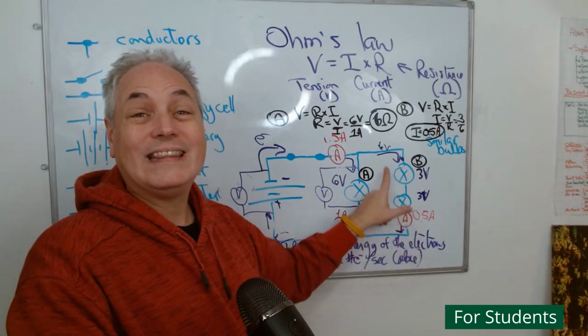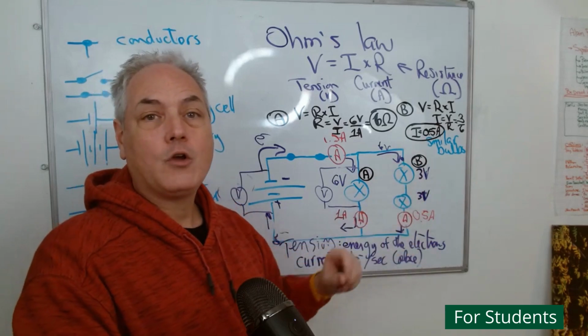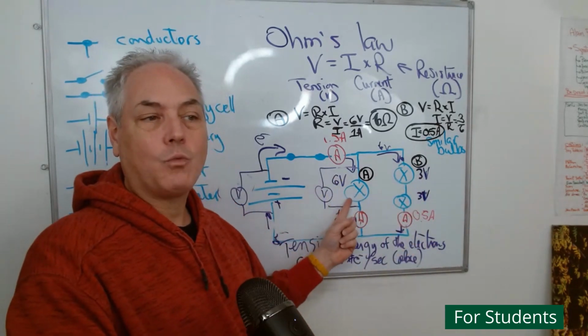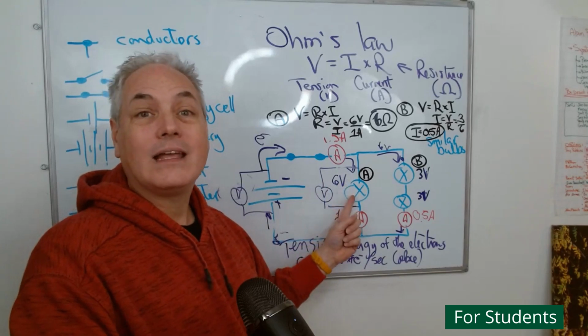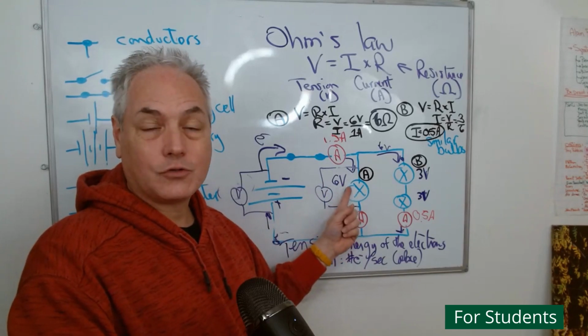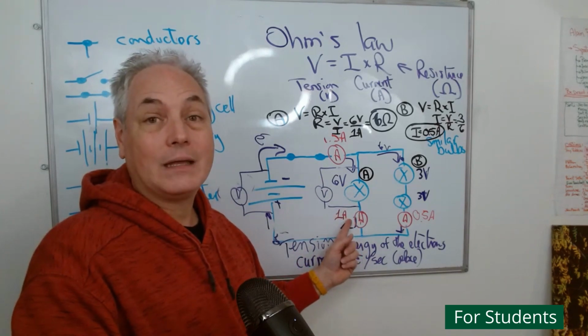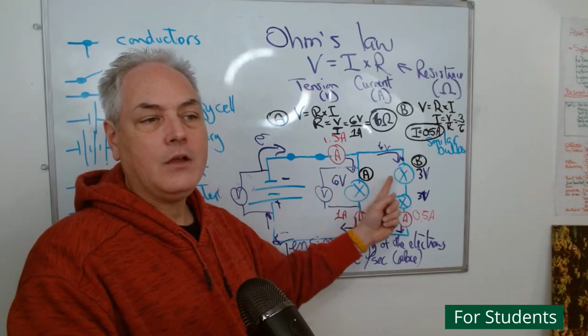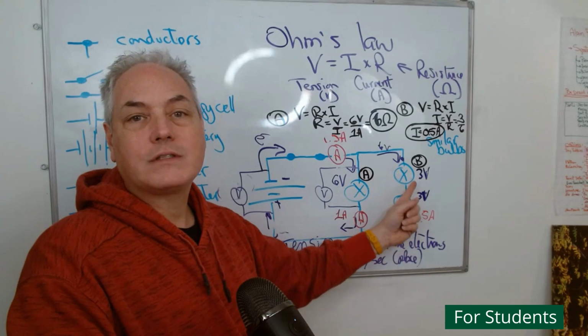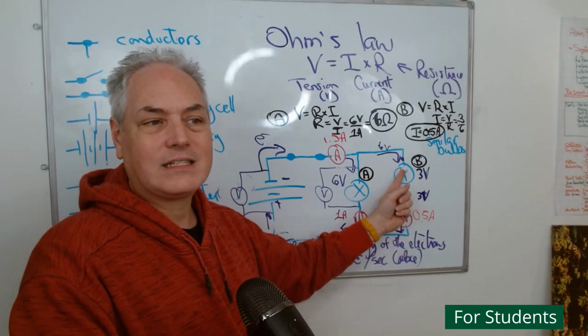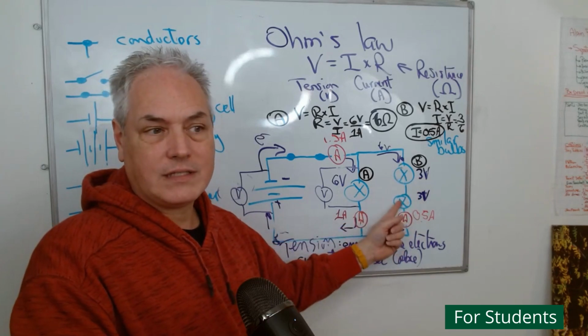The reason why these bulbs here, because they're two, will not be as bright as this one bulb right here, is that in this bulb, you have 6 volts, the energy of the electrons, and there's 1 amp of them. So there's a lot of electrons. For this one here, the reason why it's 3 volts is that because of the resistance, we have twice as much resistance.